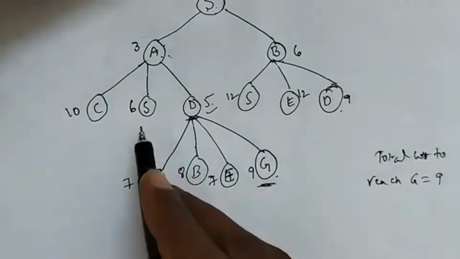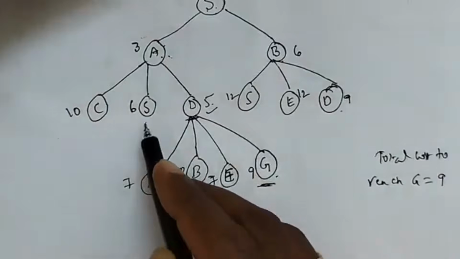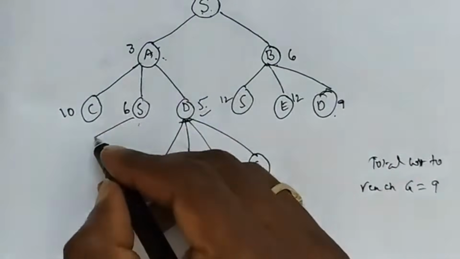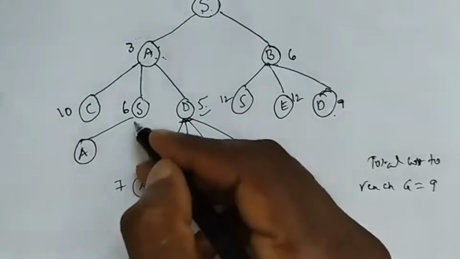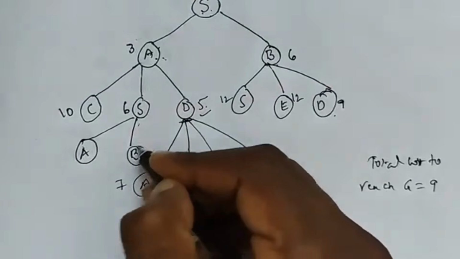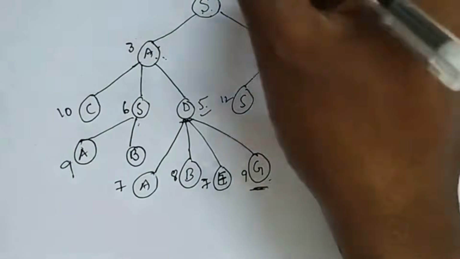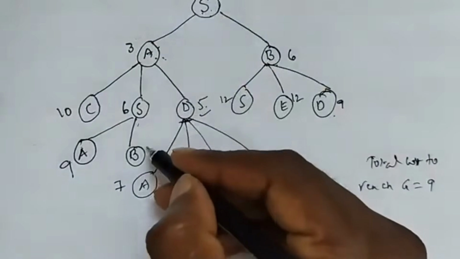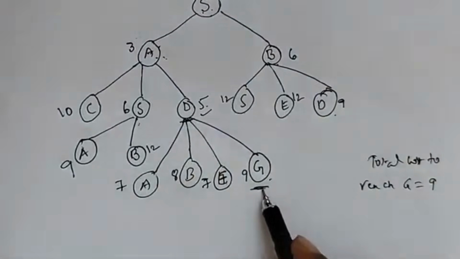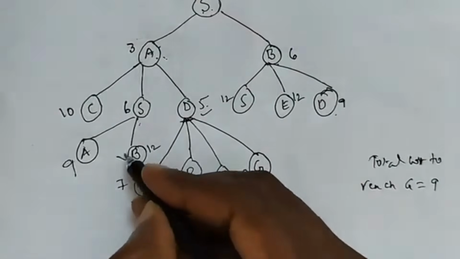And what about here? If you consider, what will the possibilities be here? S2A again A to B, that means A, B. What is the cost? A 6 plus 3 is 9. Again S2B is 6, so it is 12. By comparing with the G value, it is the bigger value, so it is eliminated.